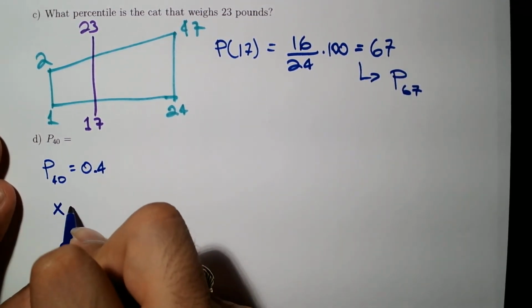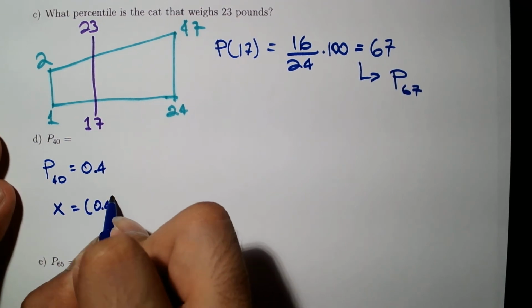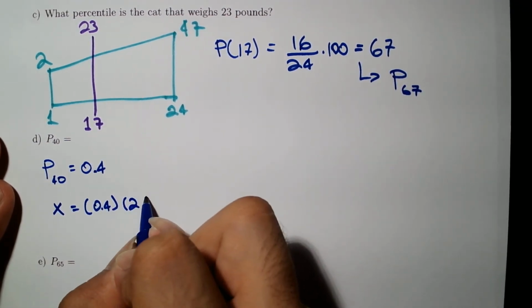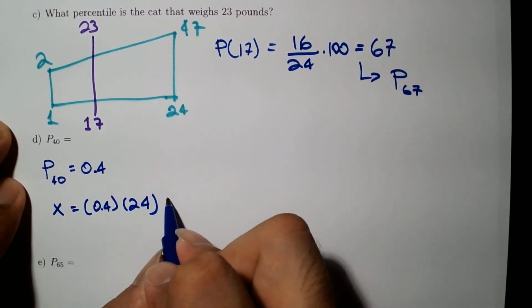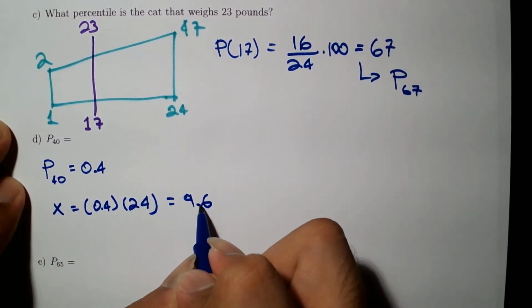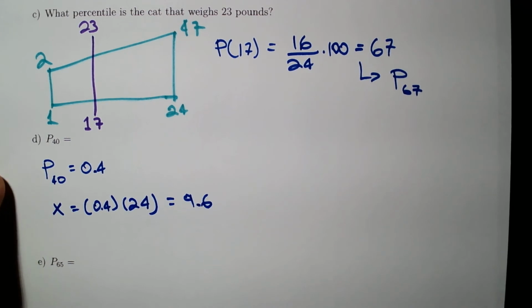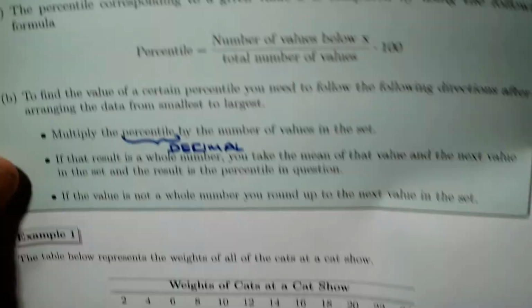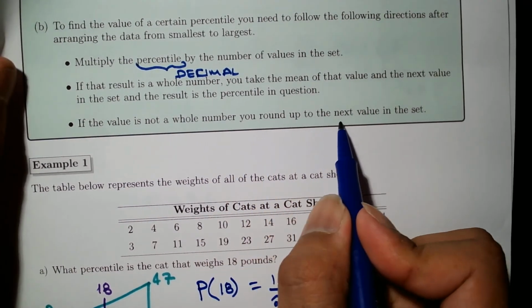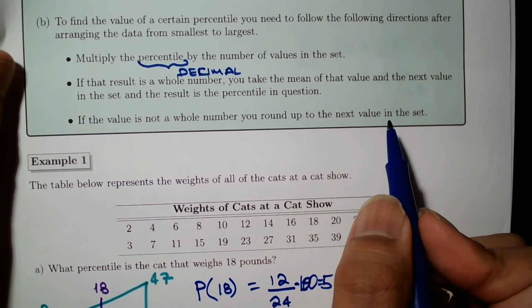So x will be 0.4 times the total number of elements in our set, which is 24, and we get 9.6. Okay, now the rule is if we get a number that is not a whole number, round up to the next value in the set.